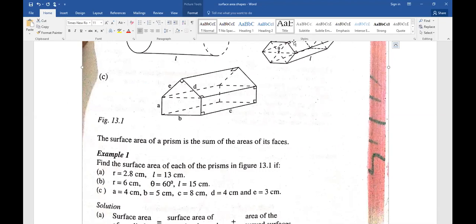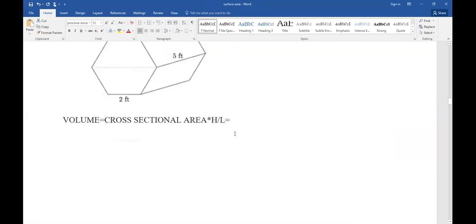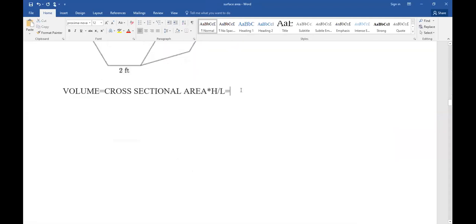So 52 times 8. We are going to have our answer here. That is for the pentagonal prism.